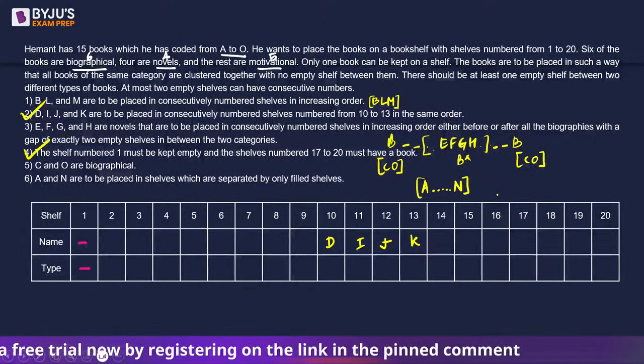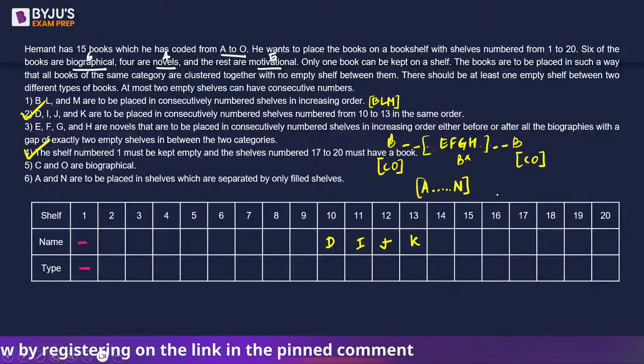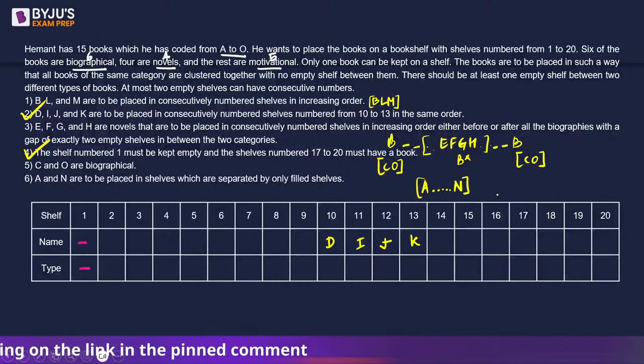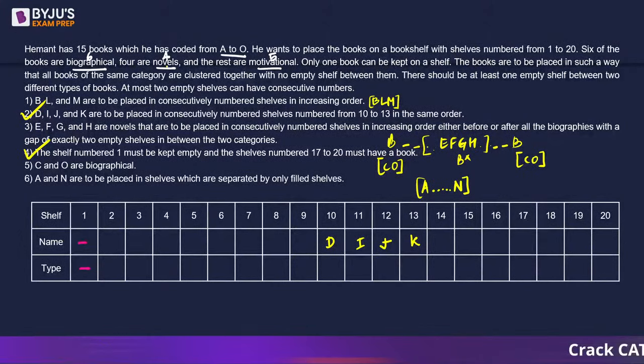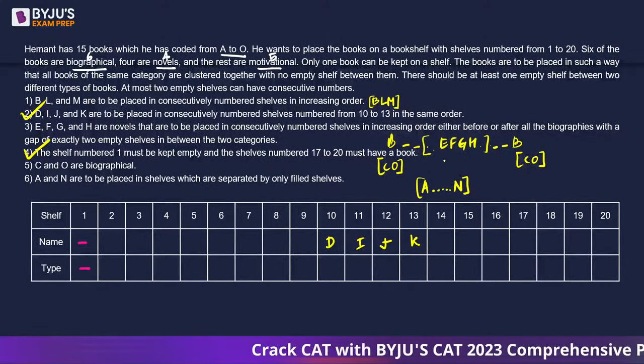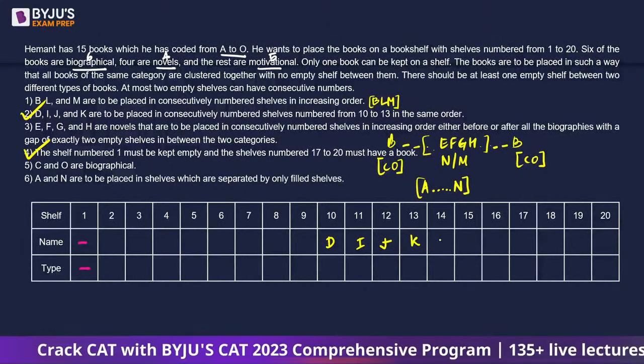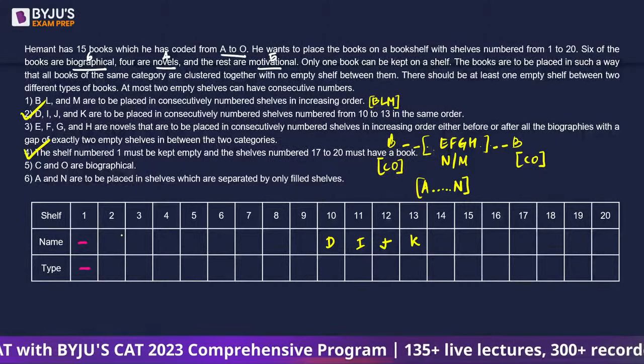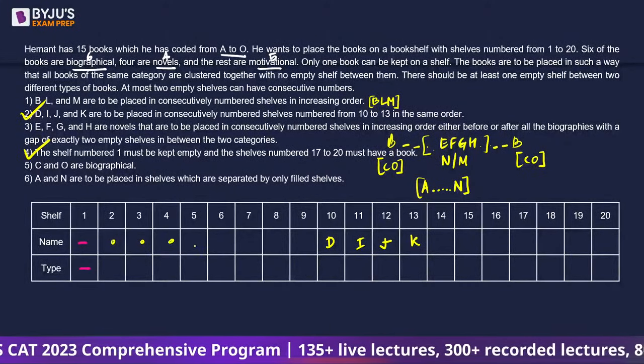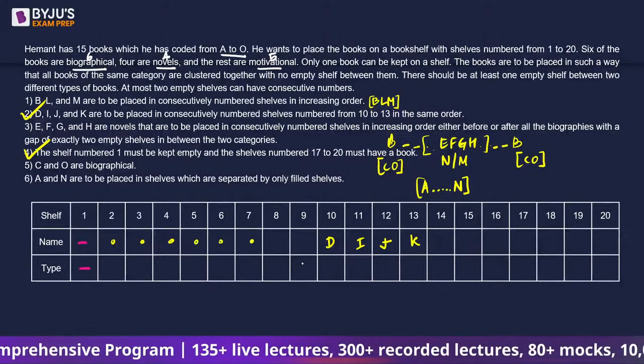So EFGH, what kind of book type can it be, right? So can we say EFGH cannot be biographical? If it cannot be biographical, it could be novel or a motivational. So these are the two possibilities. Now, suppose biographical, they are supposed to be placed at the beginning, which will take us 3, 4, 5, 6.